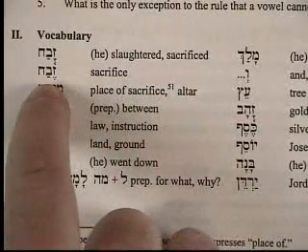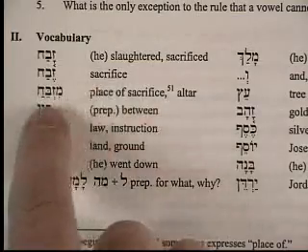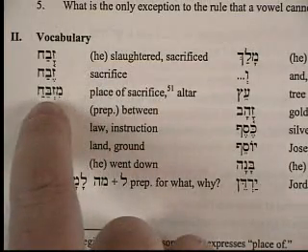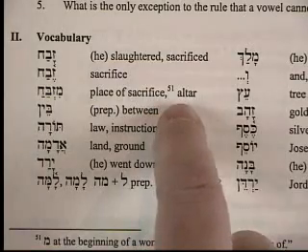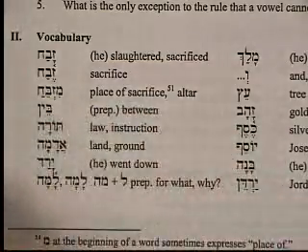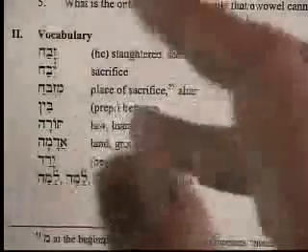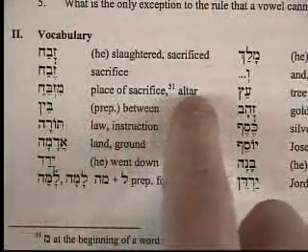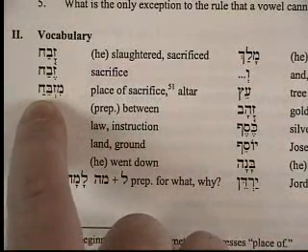We have Zevach, the accent up front, Zevach, sacrifice. Mizbeach, this is the place of sacrifice, or the altar. It's common to have the mem at the beginning of a word, sometimes expressing the place of this happening, so the place of sacrifice or altar. Mizbeach, have that furtive patach thrown in there.